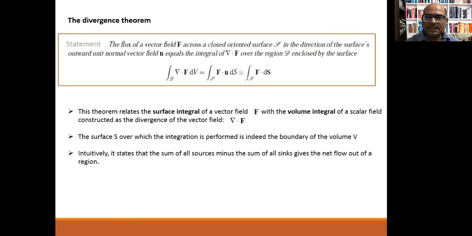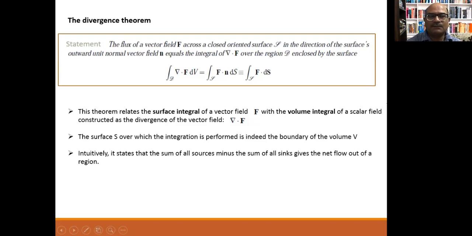First of all, we are trying to define the divergence theorem. It is the relation between the volume integral and the surface integral and the flux of a vector field, because the surface integral, F dot n dS or F dot dS over that surface, gives the flux of that F field across that surface.